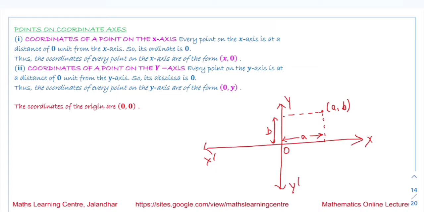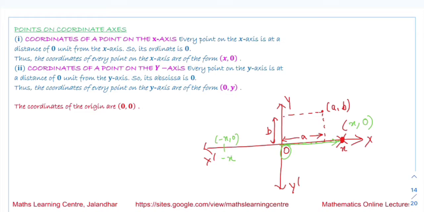Now suppose any point is given to me over here and we are saying this is at a distance of x. I am talking about this point on the axis. So what are the coordinates of this point? On the x-axis it is at a distance of x units, and if I draw a perpendicular on the y-axis it is intersecting at 0. So basically the coordinate of this point is x comma 0. If it is over here, I am saying this is -x, so it is -x comma 0.